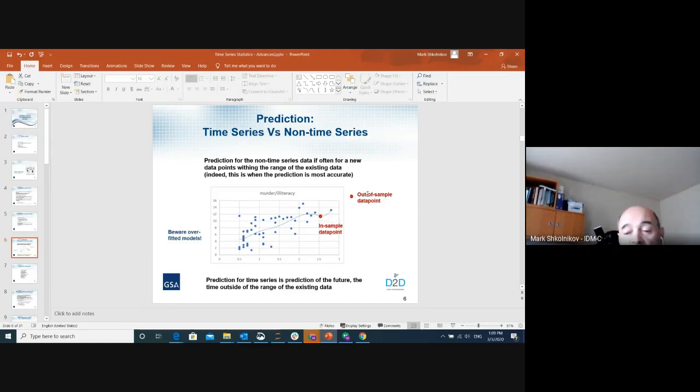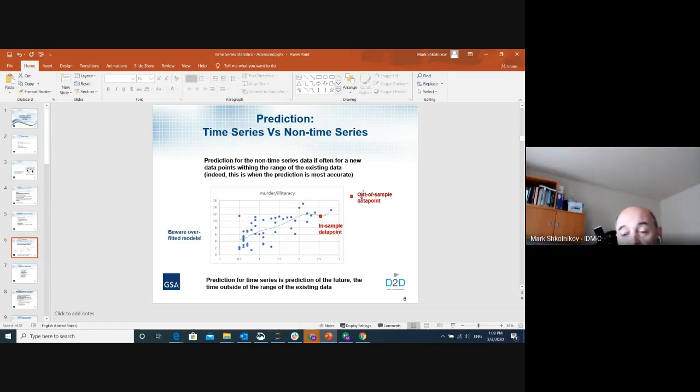For out-of-sample prediction, you have an illiteracy rate that is either very low, below 0.5, or very high, over 3, and then you go out of sample, and the predictions tend to be significantly less accurate.